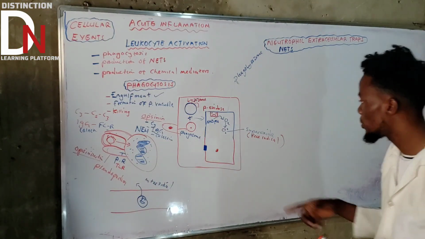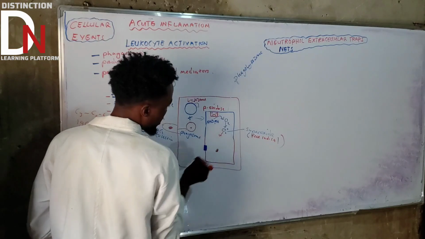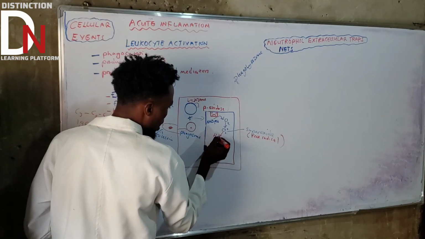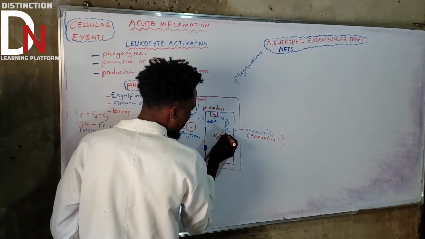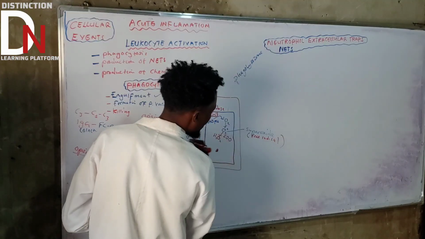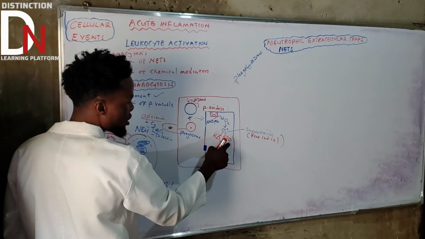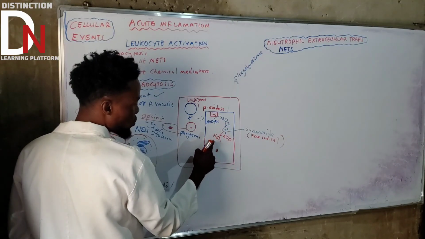So what's going to happen is this superoxide is going to be converted into hydrogen peroxide by using this enzyme which we call superoxide dismutase. It's the one that's going to convert this superoxide into hydrogen peroxide.